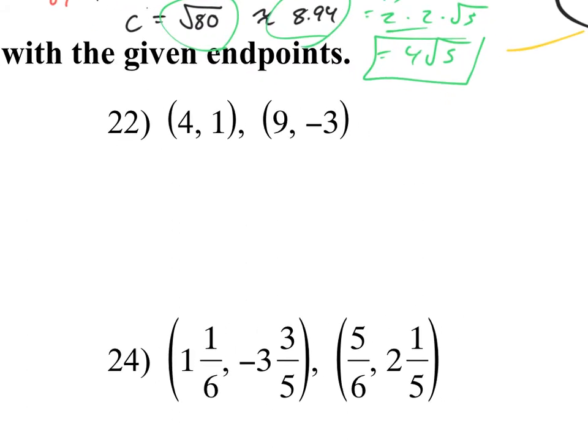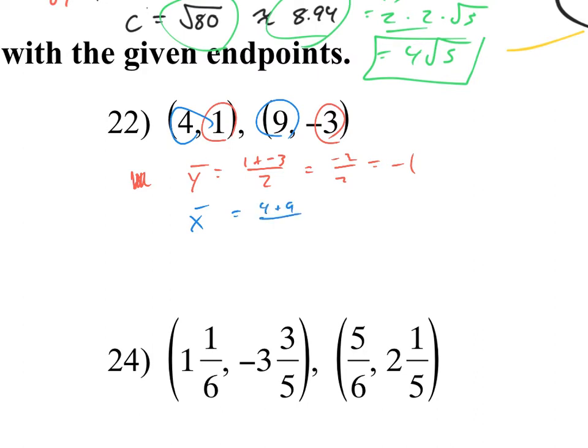Cool, same thing here. Average of the x's, oh sorry, well I guess we'll do the y's first, huh? Average of the y's, 1 plus -3 over 2, so -2 over 2, so -1. Midpoint is average of the x's, so 4 plus 9 over 2, so 13 over 2.